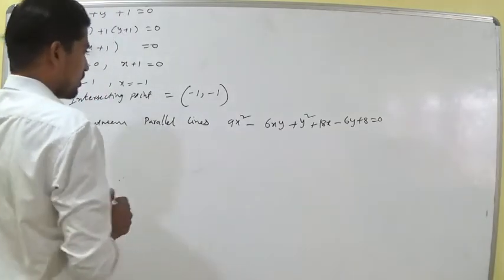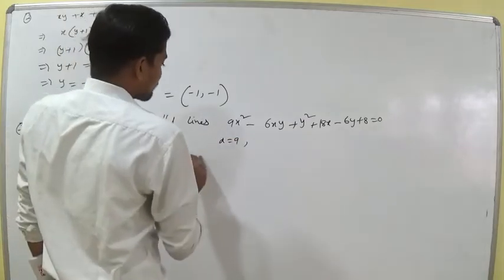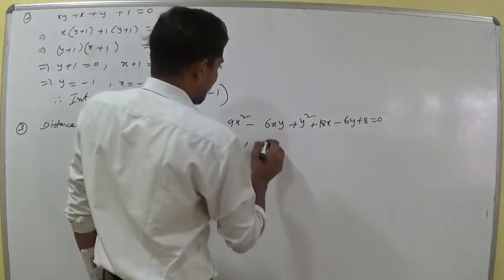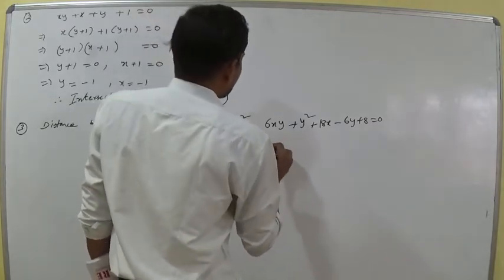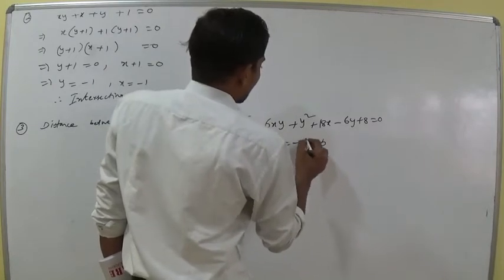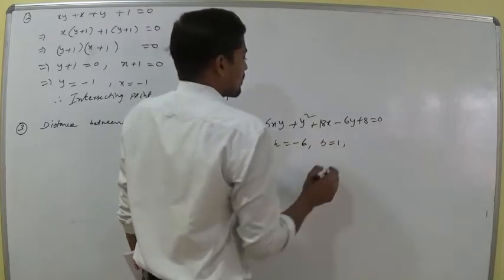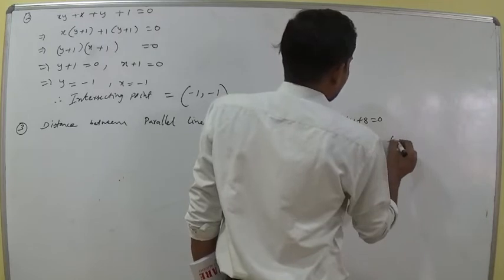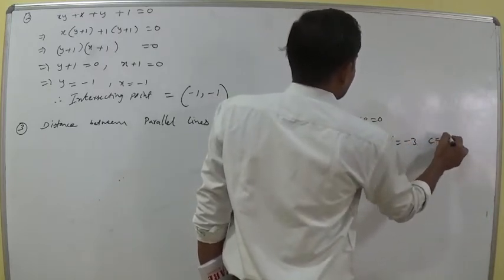Right? So here a is equal to 9, 2h is equal to −6, b is equal to 1, g is equal to 9, f is equal to −3, c is equal to 8.